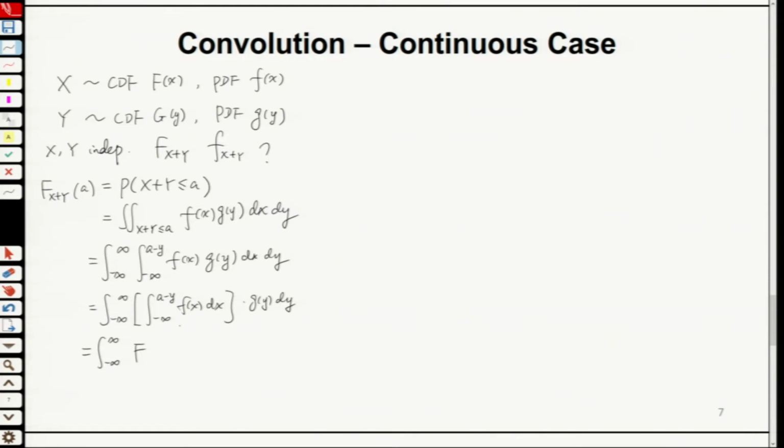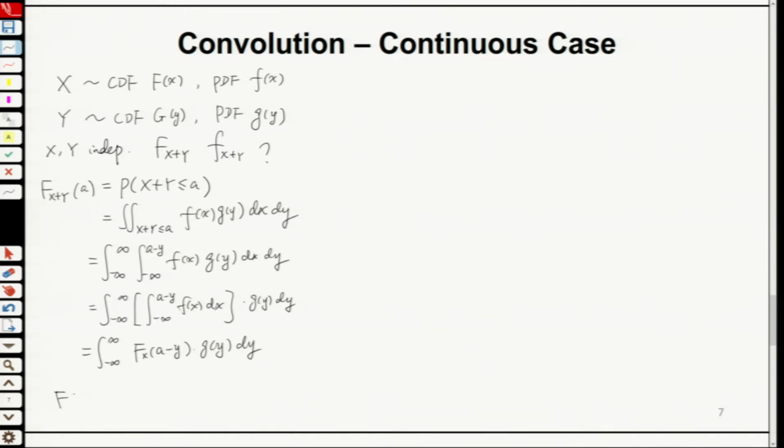So this is the CDF function, because you do the integration all the way from minus infinity to a particular value. So this will become the CDF F(a minus y) times g(y) dy.